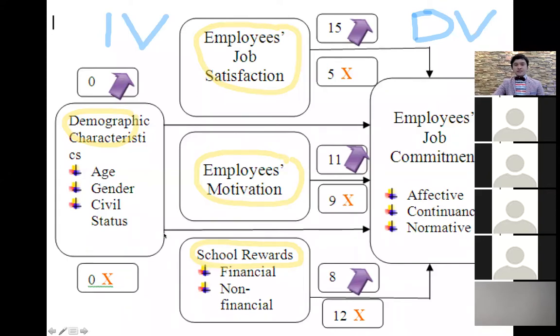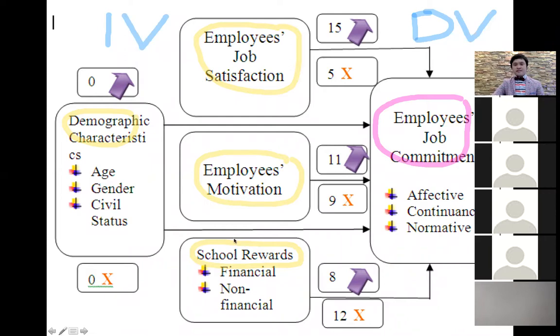So you will notice that your IVs are the ones with yellow circles. On the other hand, when you say dependent variable, you are referring here to employees' job commitment. So, as mentioned before, the dependent variable is dependent on the independent variable.